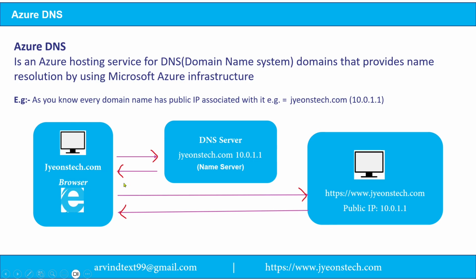Then the request goes to this IP address, which is associated with geonstech.com, so my website will open in the browser. In this way the control will work. So what is the use of DNS? DNS is used for the domain and its associated IP address resolution. It is also known as the name server.